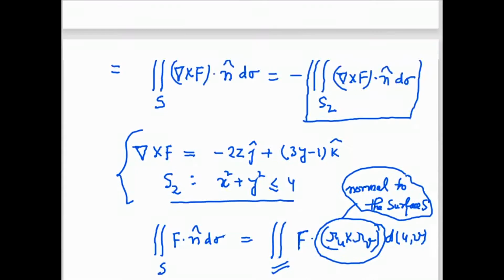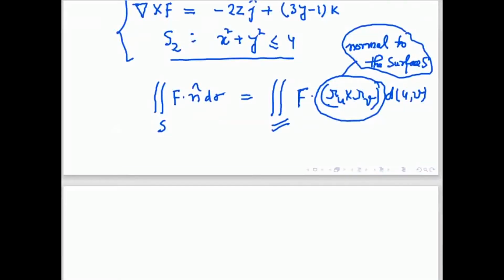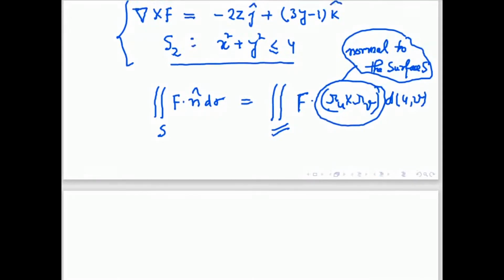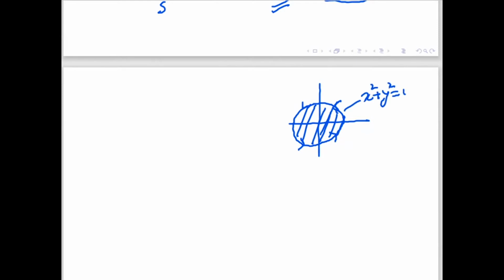So can you guess what the normal is over this surface, x square plus y square less than 4? What is ru cross rv, the normal to this surface? The z axis, k cap. If this is traversed in the anti-clockwise direction, this circle x square plus y square equal to 4, what is the normal?